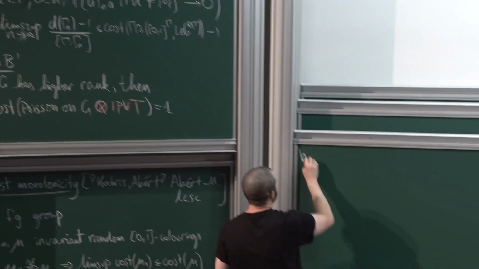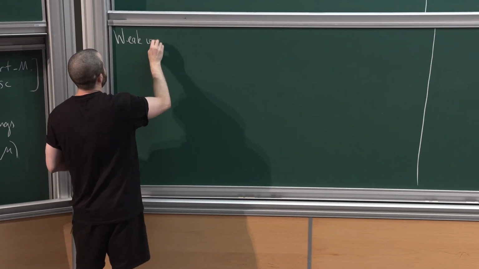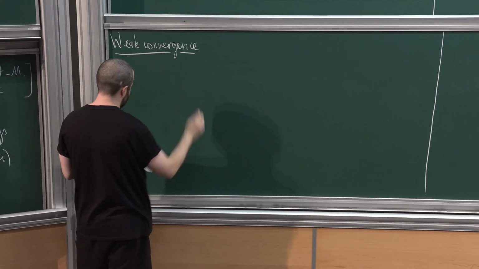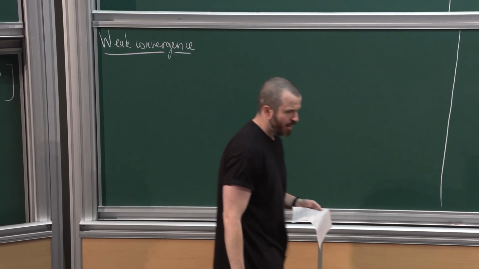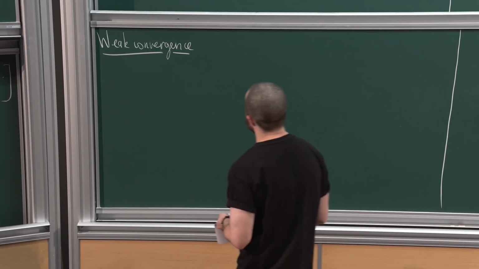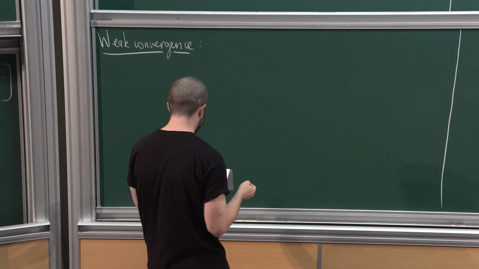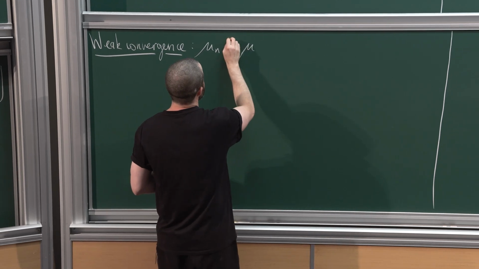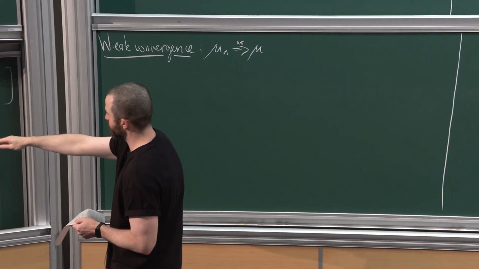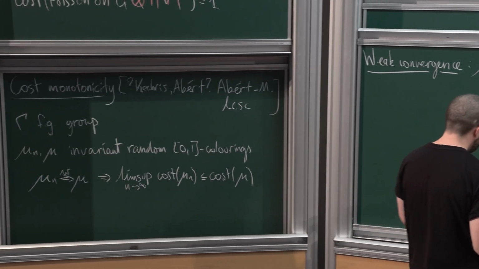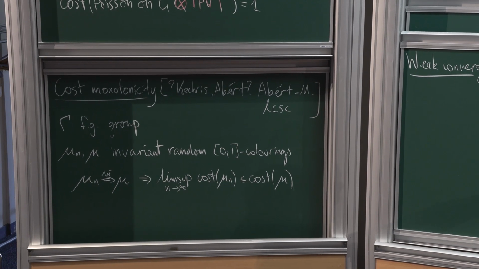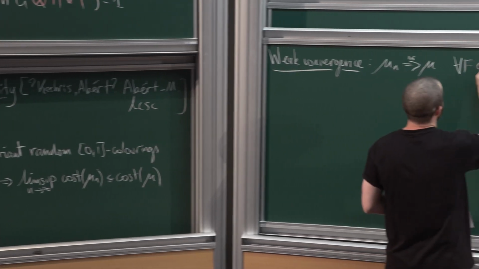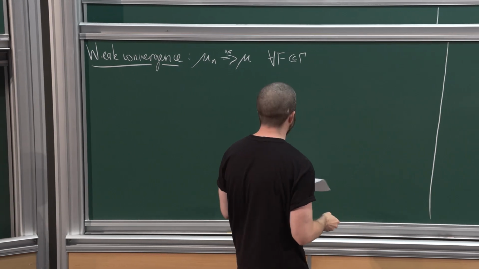OK, so I promise no definitions, but this is more review than anything else. So weak convergence. OK, this is the key concept for this lecture. So I may as well remind you of what it is. And I want to explain how I think of it as a probabilist, or whatever I am. So I say that mu_n weakly converges to mu, and this is now all taking place in this space of invariant random colorings. What does this mean? It's a series of finitary statements. Okay, so for all F inside of Gamma, you think of F as a kind of window.